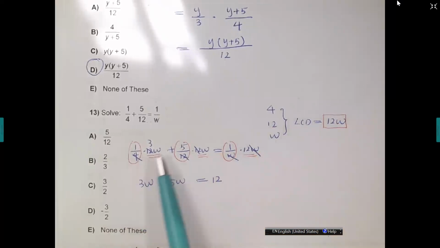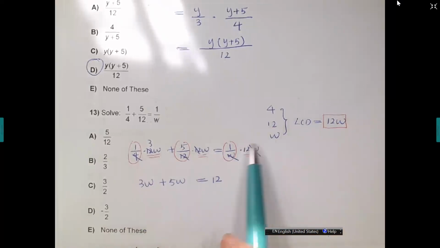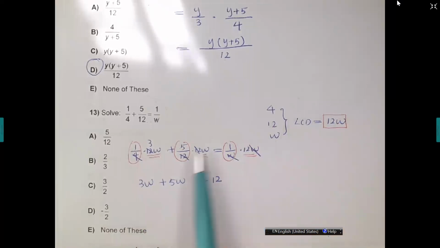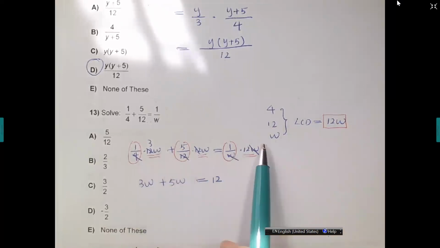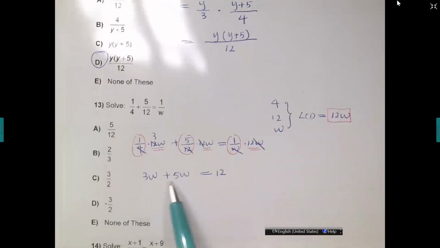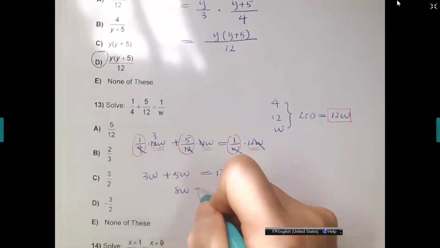See, after we multiply every single term by the LCD, we get rid of all of the denominators. We have removed all of them. They're all gone, and this turns into a linear equation. 3W plus 5W is 8W. 8W equals 12.